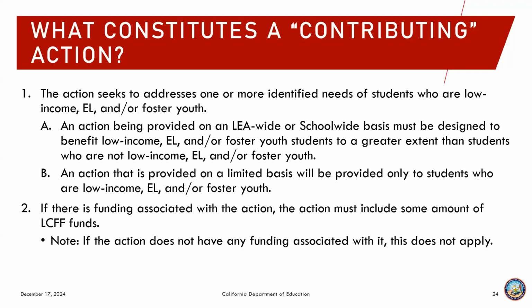And that would work, that would be contributing, but only the portion that's funded out of LCFF would be contributing towards meeting that MPP, which is kind of one of the things that throws some folks off because they identify an action as contributing, they put a bunch of money into it from other state funds or federal funds or local funds, and it doesn't contribute anything towards the minimum proportionality percentage because it's not utilizing LCFF funds. So that's an important factor to be aware of.